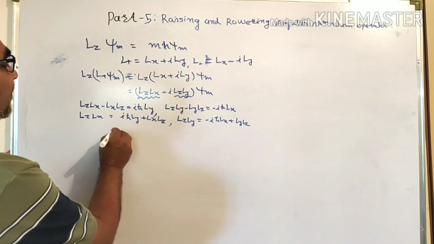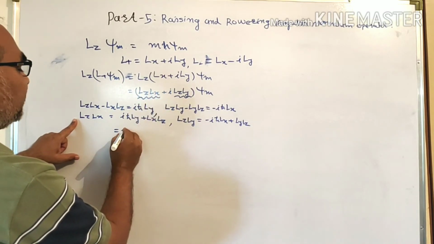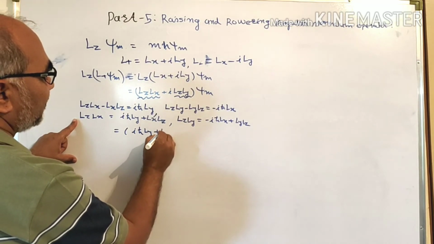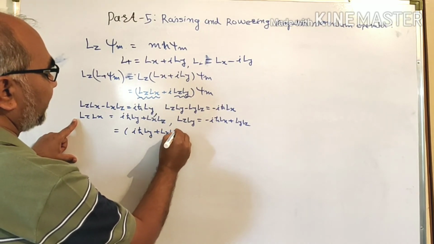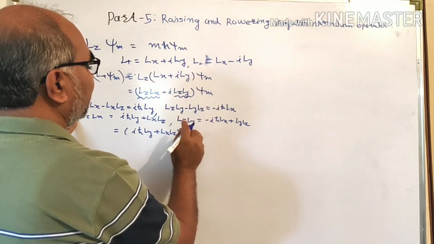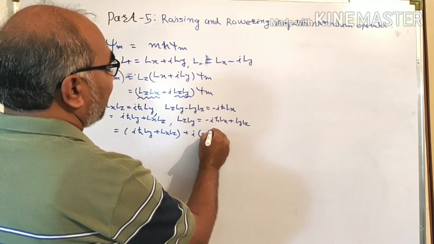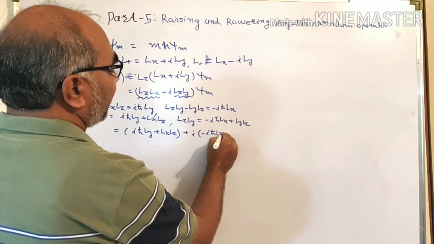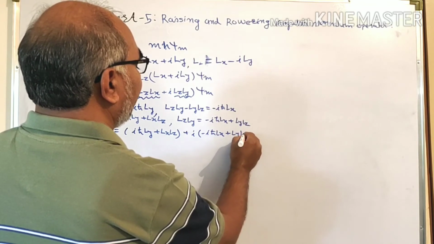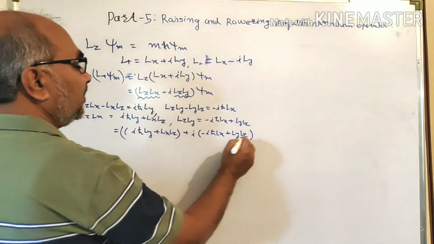We have LzLx is nothing but iħLy plus LxLz, plus i into bracket minus iħLx plus LyLz, acting on psi m.